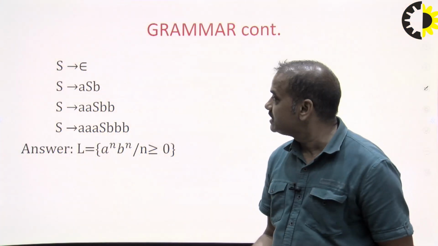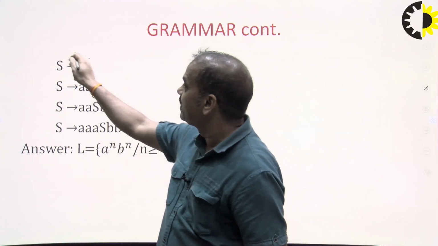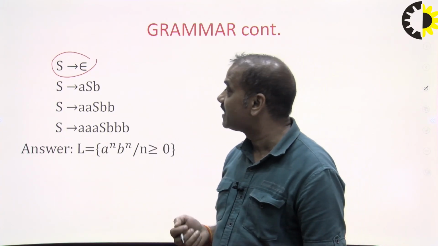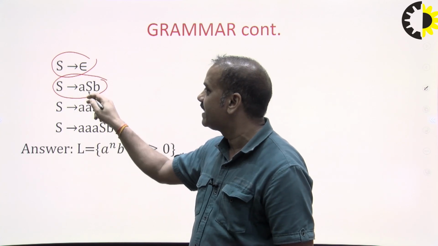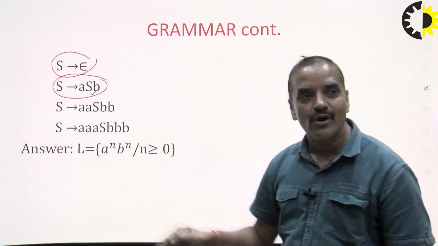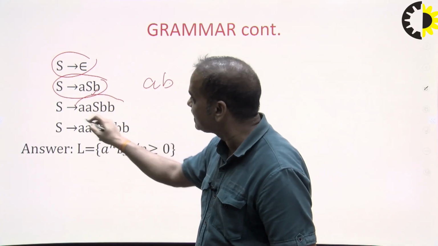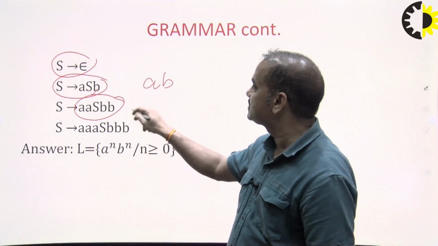First, we pick the start symbol and choose an option. S derives null, so we derive a string whose length is null. Or we pick the first production, S derives ASB, then the smallest string derived by this production is AB, or we replace S in ASB again with ASB and derive this string.